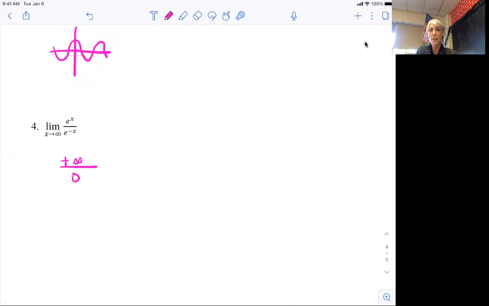Remember, they're approaching 0, so this doesn't mean we're undefined. It just means I have a bigger number and I'm dividing by a smaller number. So the top is growing at a faster rate, and my overall answers are going to positive infinity.